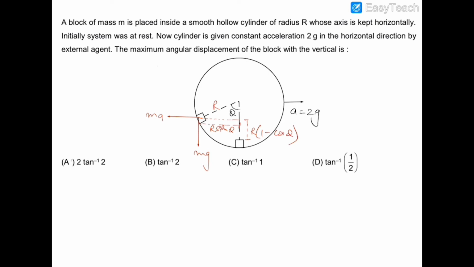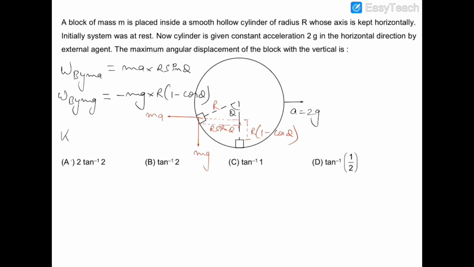So the work done by ma will be equal to ma into r sin theta, and work done by mg will be equal to minus mg into r(1 minus cos theta).